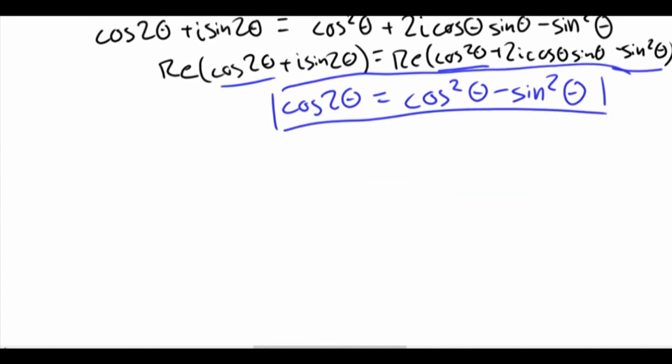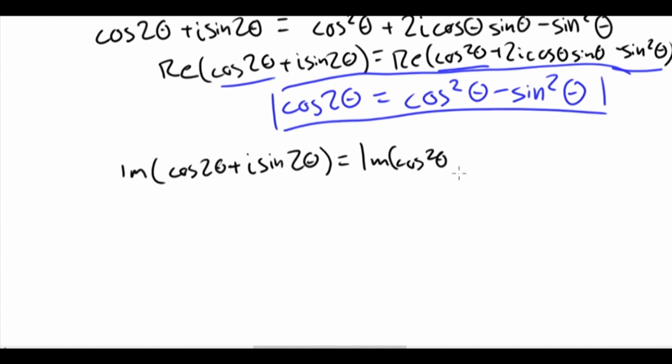Similarly, we can take the imaginary part of both sides of the equation. So the imaginary part of cosine of 2 theta plus i sine of 2 theta is equivalent to the imaginary part of cosine squared theta plus 2i cosine theta sine theta minus sine squared theta.